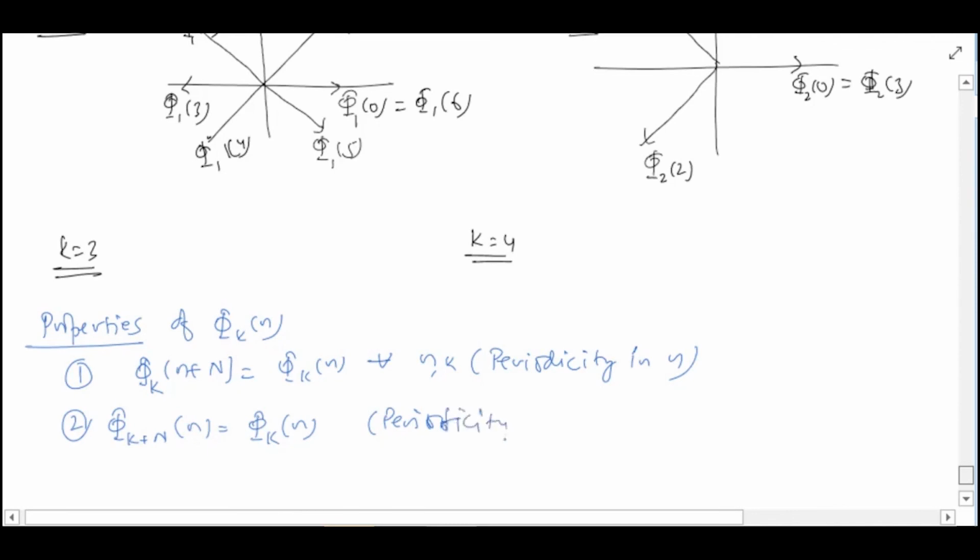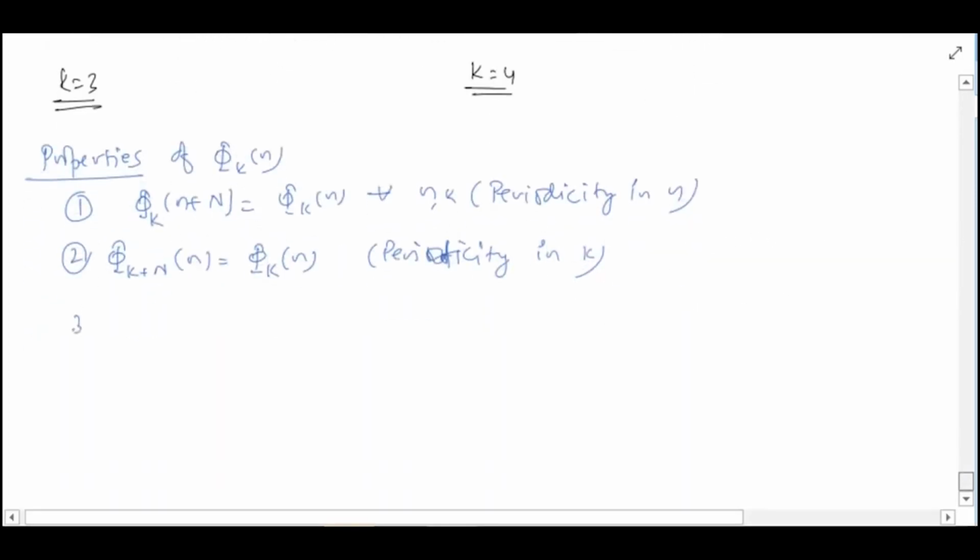The next property is if we add these complex exponentials, n equals 0 to capital N minus 1, the summation turns out to be N if k is 0, plus minus N, plus minus 2N, etc., and it's 0 otherwise.